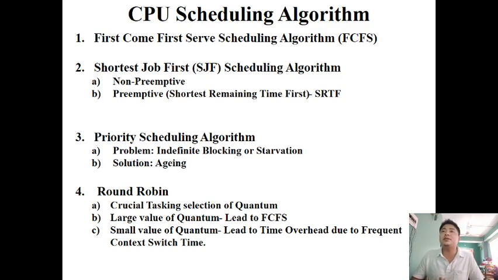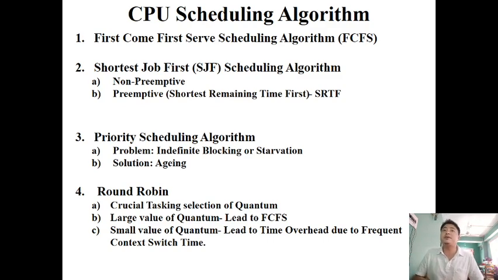Whenever round robin is implemented, a quantum is assigned for each and every process to execute its task. Whether the process completes or not, once its quantum time is over, the CPU or the resources will be preempted from the process and given to the next process in the sequence, right?